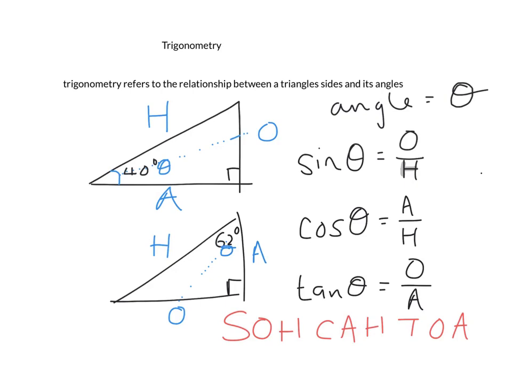Well, look, I think we're going to have to spend longer on this than we did on Pythagoras, but that's cool. We've got a bit of time. Just remember, sine goes with O and H. Cos goes with A and H. Tan goes with O and A. SOHCAHTOA. All right, next. Let's do an example.